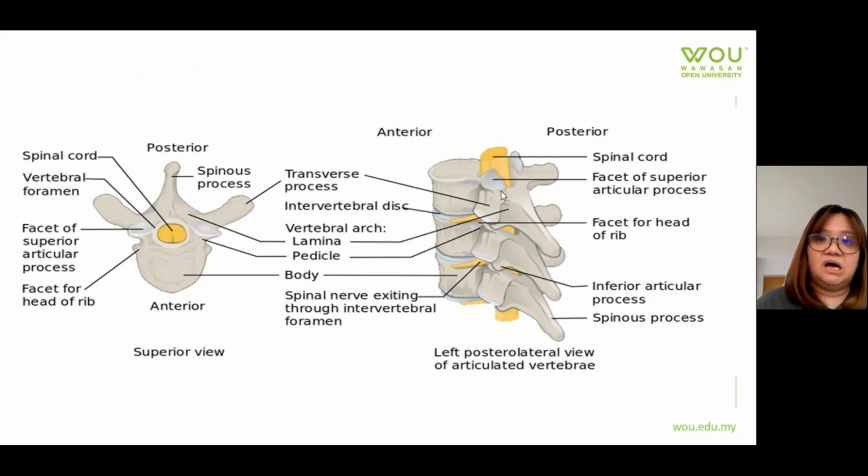If anything happens, for example when your bones press on the spinal cord, it will cause information pathway blockage, so the information cannot be sent. When the information cannot be sent, your body will go haywire. So this is how the spinal cord looks.